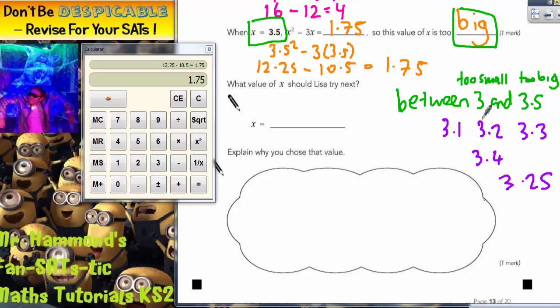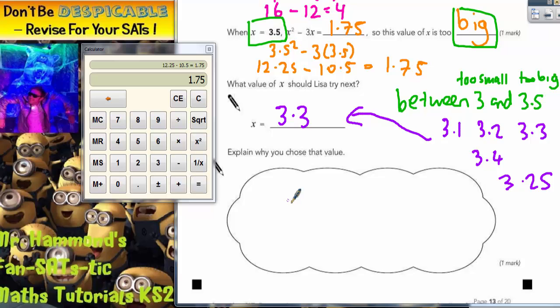So you can try any of these numbers and that would be an acceptable answer. So, for example, we'll just put 3.3 in there. We don't actually have to work out what it would be. We can do if we want in a moment, but we've just got to explain why we chose that value.